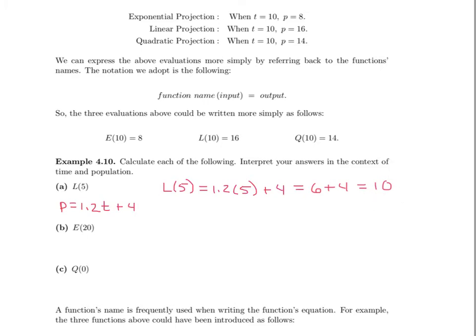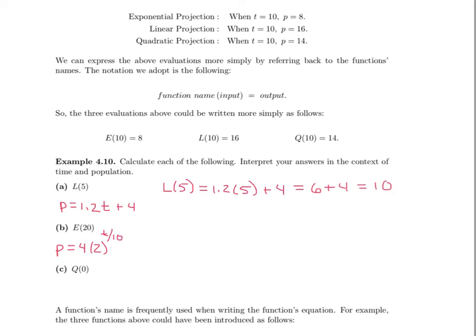Now let's look at part E. Here we're being asked to calculate E at 20. In other words, we want to know what is the output of the function E when we've inserted 20 into the function. Well, I'm going to begin by writing out the equation for the function E. If we recall from the previous page, the equation for the function E was 4 times 2 raised to the t over 10.